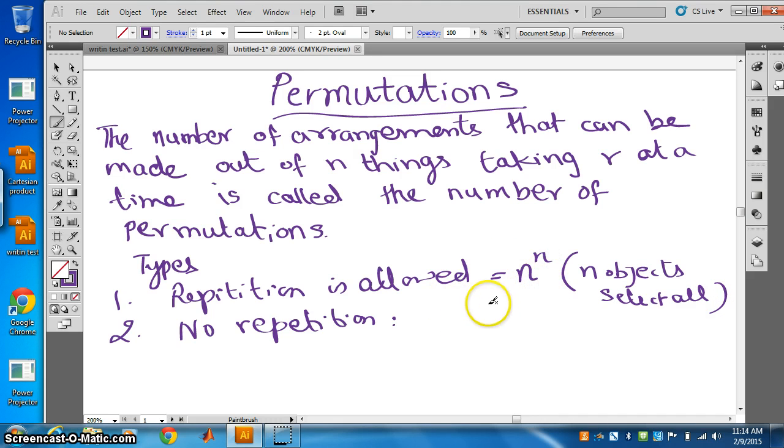If there are n objects and you have to select r, then the number of permutations in that case will be n to the power r. N objects and you select only r objects.